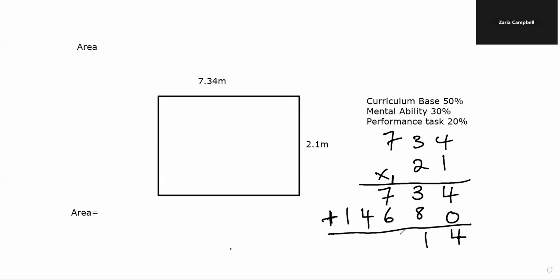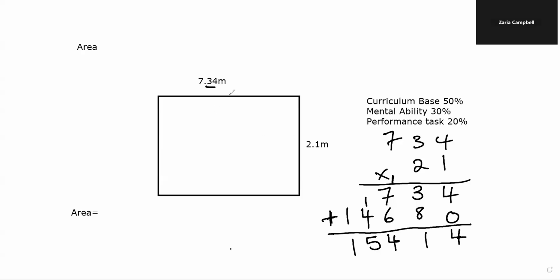6 plus 1 is 7. 7 plus 7 is 14. So put down the 4, and then we have nothing to add the 1 to, so we just add it to the 14 and we get 15. But we're not finished yet because the total number of decimal places is 3.